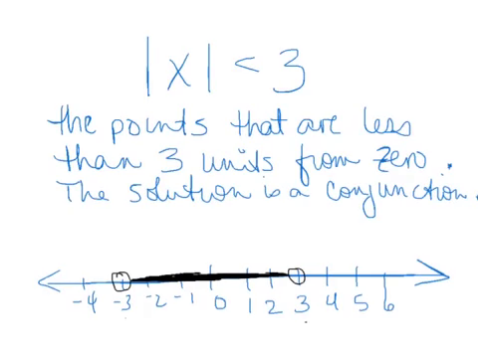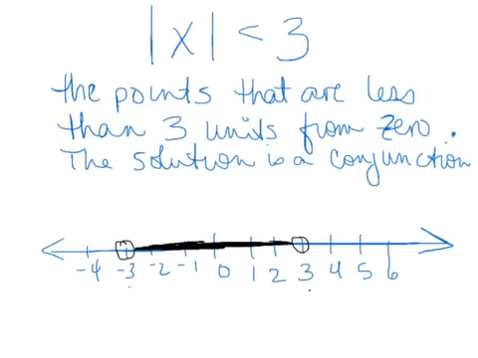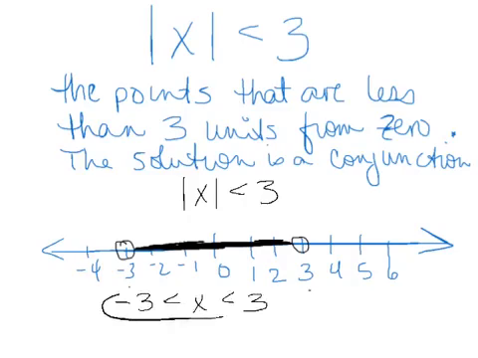So this is actually absolute value of x less than 3. Okay, it goes from -3 to +3. I'll say it again, the points that are less than 3 units from 0. The solution is a conjunction or an and statement. -3 less than x less than 3. A conjunction, which is an and statement.